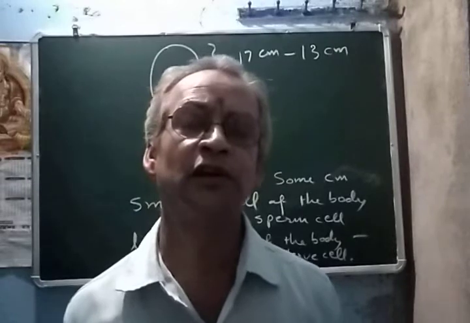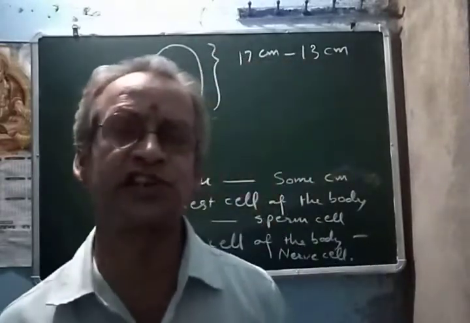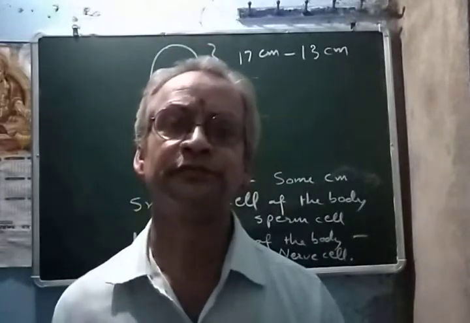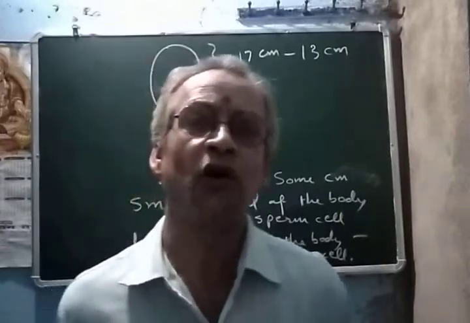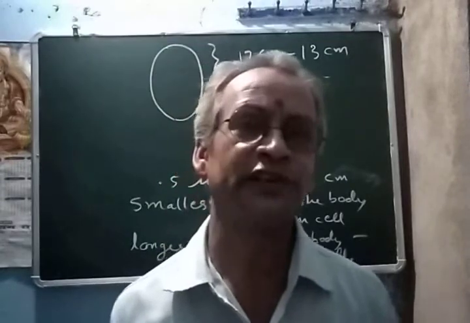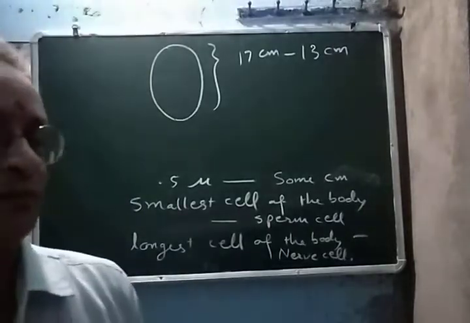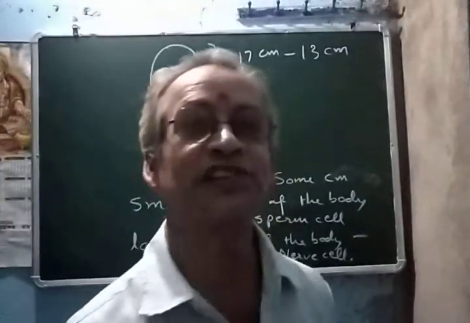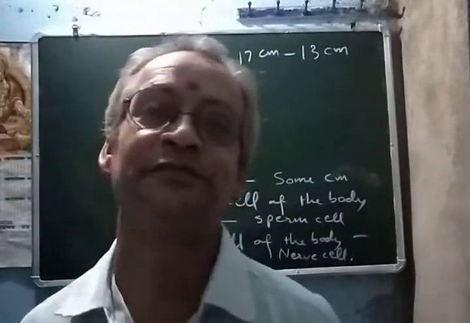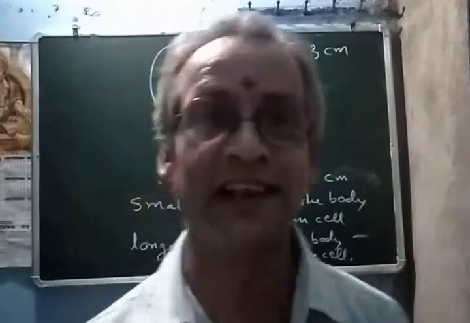Cell means a hollow box surrounded all around without any opening or hole. But the cork cell discovered by Robert Hooke was a dead cell.